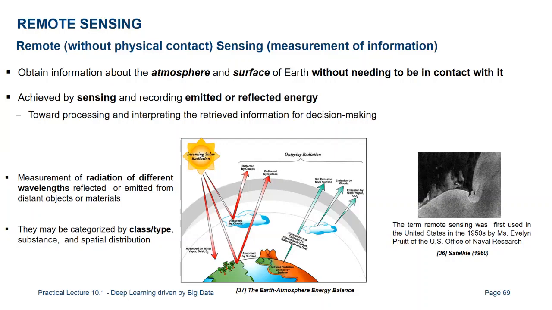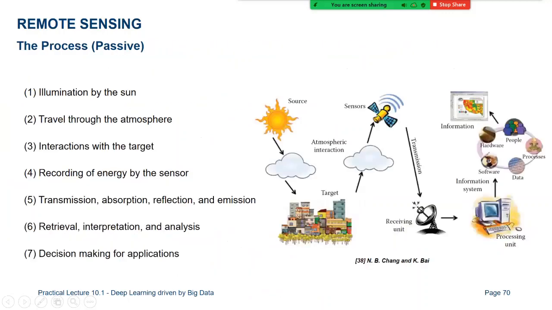The key message here is that images are not just a single picture taken from a simple camera, but a result of a very complex process that happens between the surface and the atmosphere. This is a simple sketch of the process: imagine the light coming from the sun, which goes through the atmosphere.